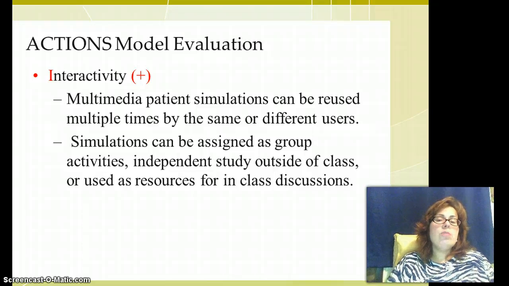Multimedia patient simulations can be reused multiple times by the same user, or the same simulation can be used by different users, and the experience remains constant, which was an issue with standardized patients.